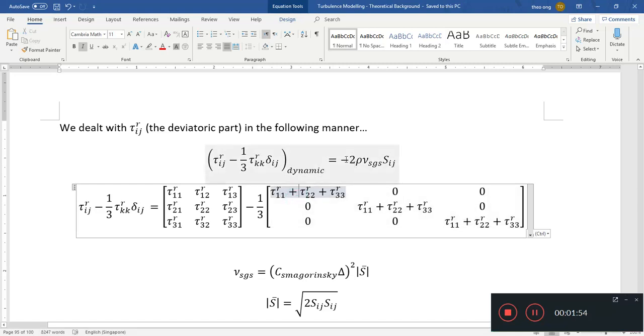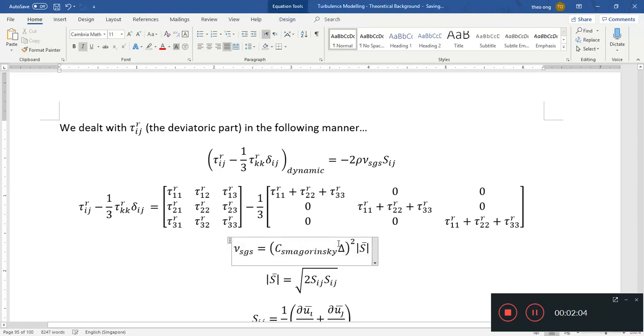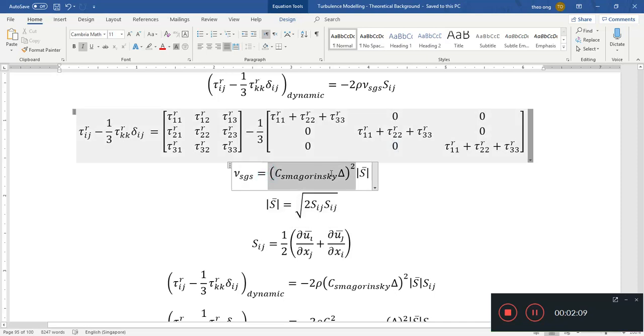We model it using this strain rate tensor and the nu_SGS, which is the subgrid scale viscosity. So what is the subgrid scale viscosity? Just to recap again, it's C_Smagorinsky times the filter width, you square it, and then multiply it by this mean rate of strain.